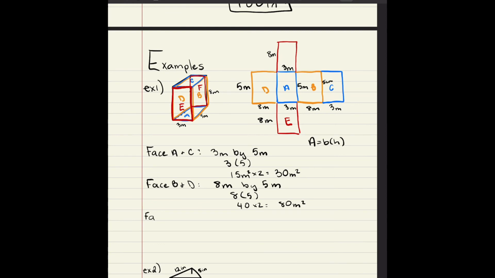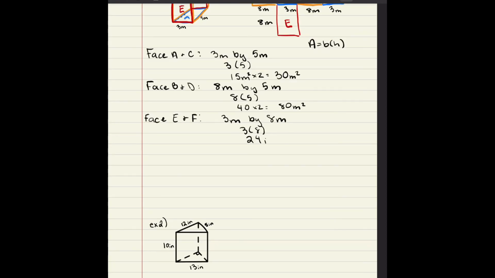Then I have faces E and F, whose dimensions are 3 meters by 8 meters. So 3 times 8 gives us 24 meters squared, and there are 2 shapes with that area, so we get 48 meters squared. Great, I have all these areas.